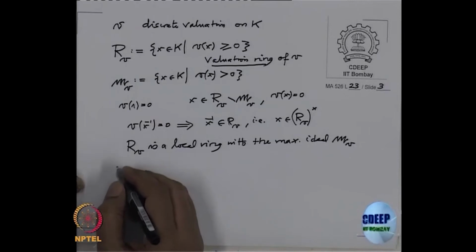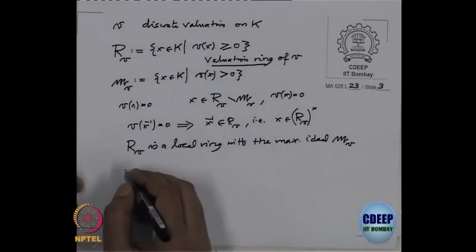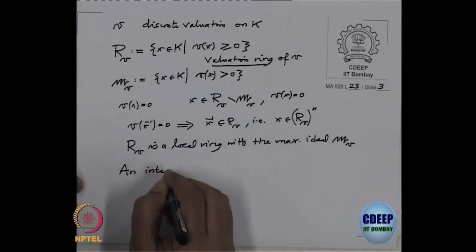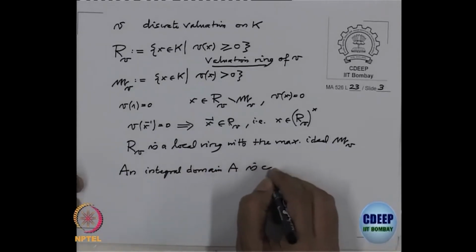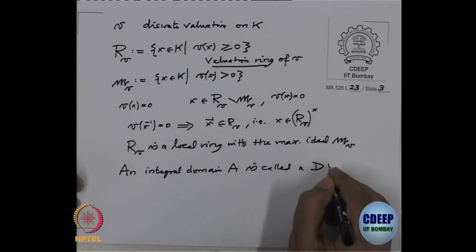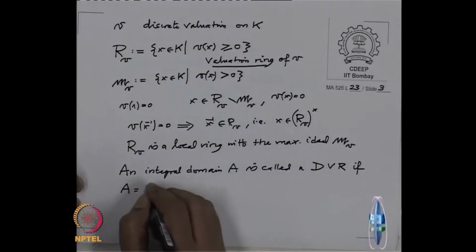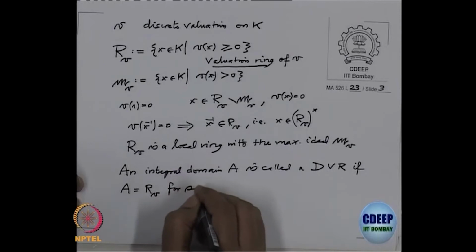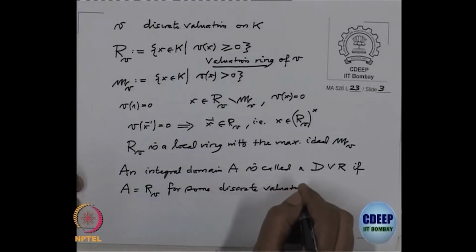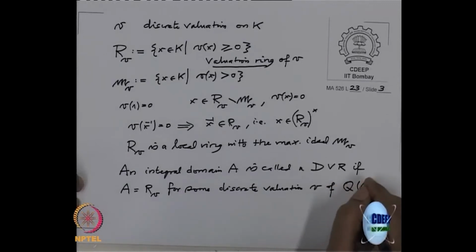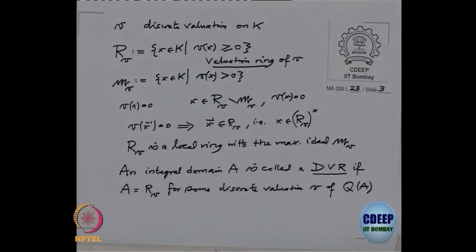A DVR, discrete valuation ring: an integral domain A is called a DVR if A equals R_V for some discrete valuation V of the quotient field of A. This is the standard notation we are using for the quotient field.